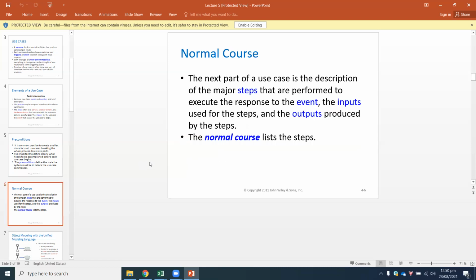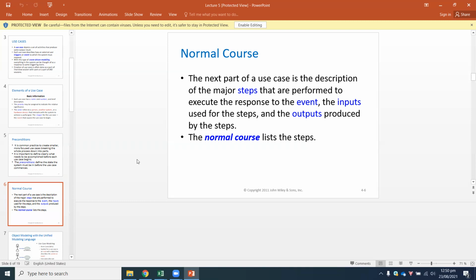Normal course. Okay, now this is also additional information which I suggest is not so important. The next part of a use case is a description of the major steps that are performed to execute the response to the event, the inputs used for the steps, and the outputs produced by the steps. The normal course lists the steps.